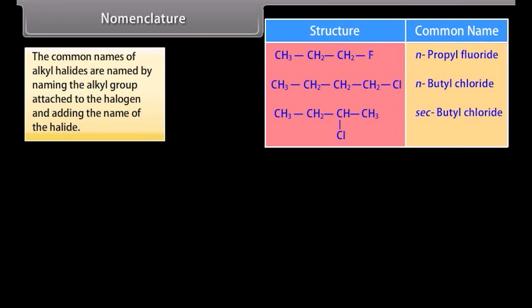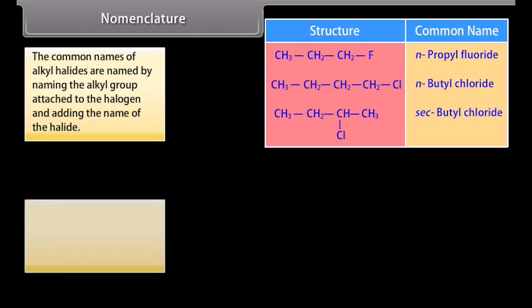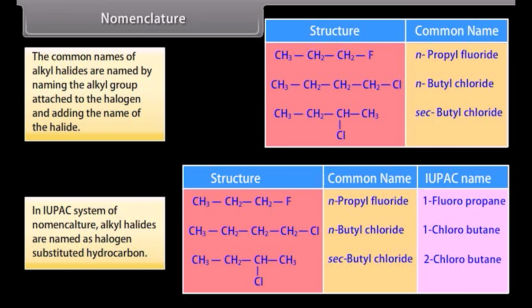Nomenclature. The common names of alkyl halides are named by naming the alkyl group attached to the halogen and adding the name of the halide. In the IUPAC system of nomenclature, alkyl halides are named as halogen substituted hydrocarbons.